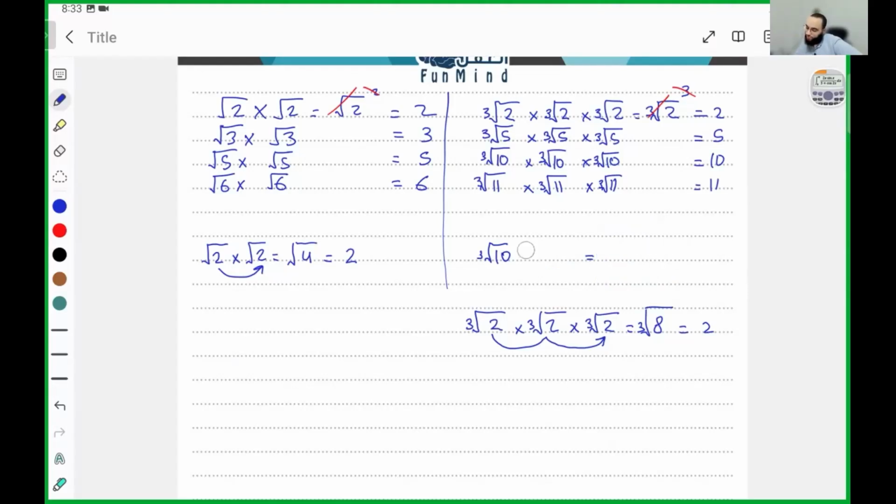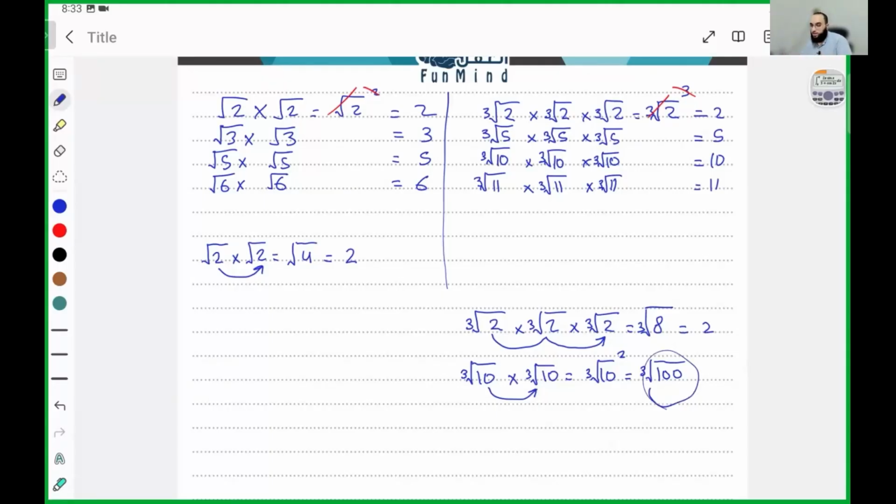So if it is something like cubic root 10 times cubic root 10, you can do it like the following. It's only cubic root 10 to the power of 2. And you can do it like the following: 10 times 10, which is 100, below the cubic root. Both are correct. In the next lesson, we'll study how to simplify bigger roots.